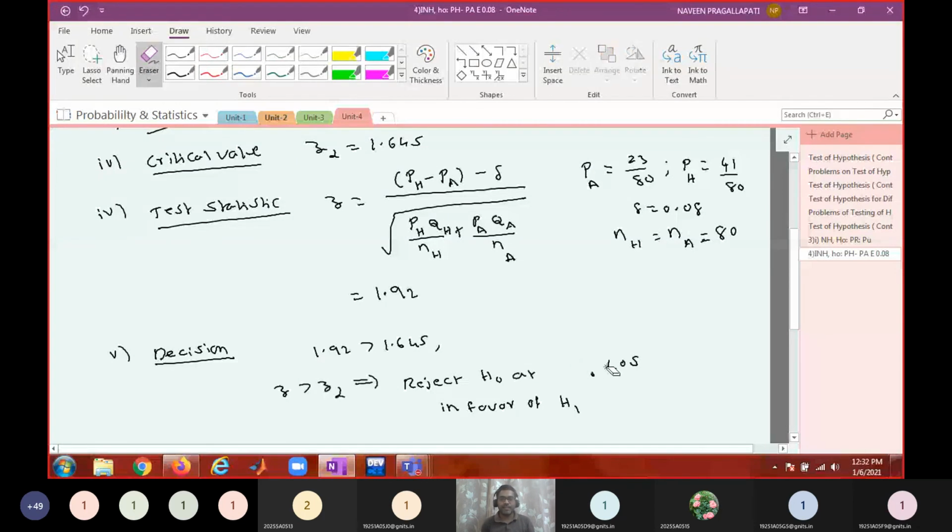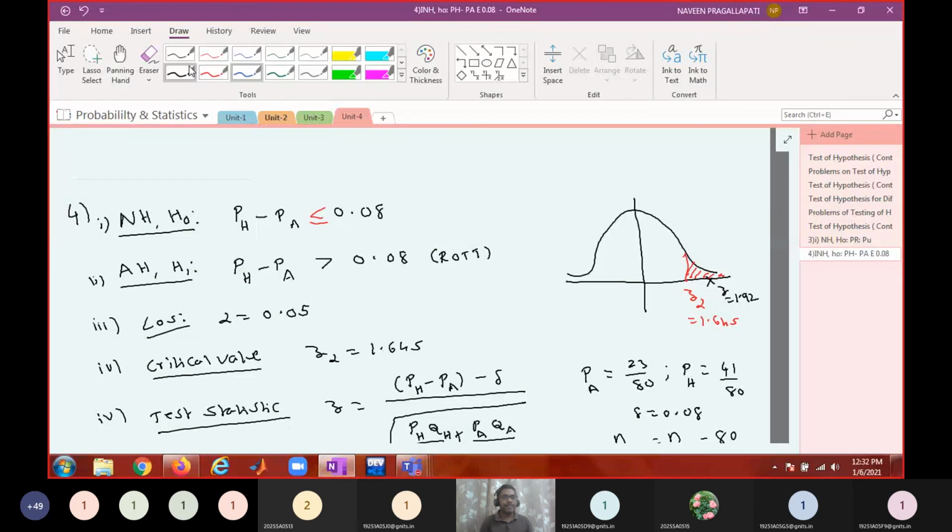We shall write like this: reject H naught in favor of H1 at 5% level of significance. That means we are agreeing that homeopathic drug treatment is curing at least 5% more patients than the allopathic treatment. That means the observed results are significant.